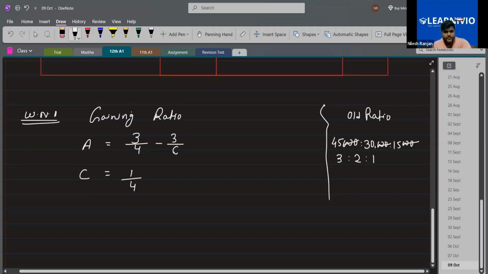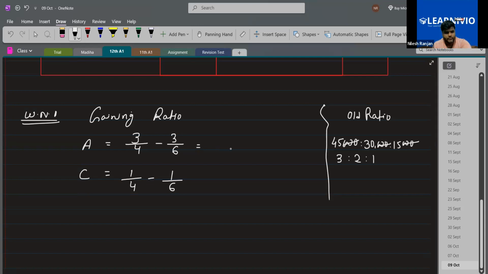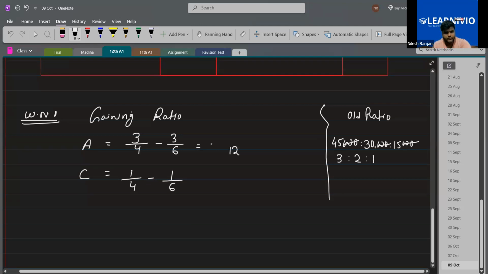So it was 3/6 for A and 1/6 for C. It is 3/12 and 1/12.